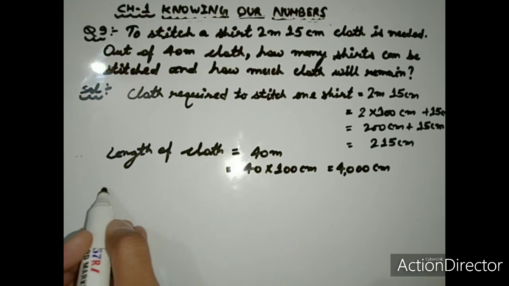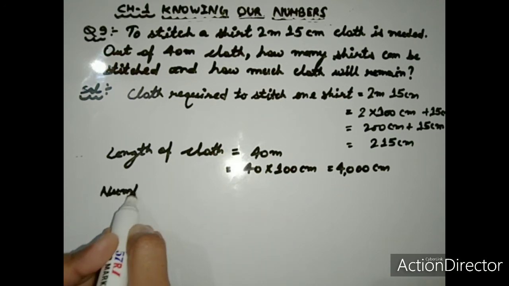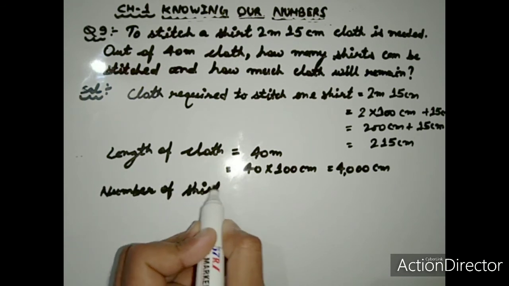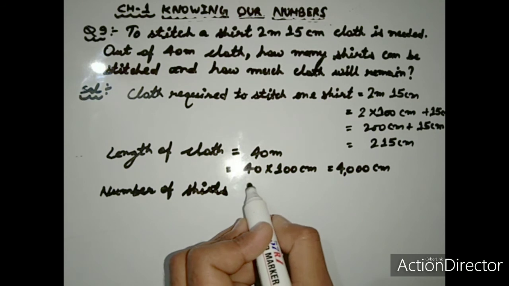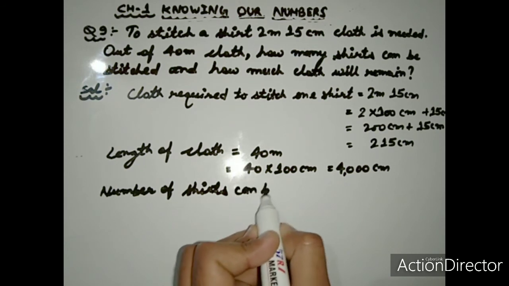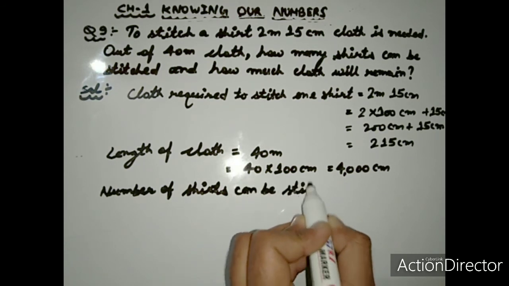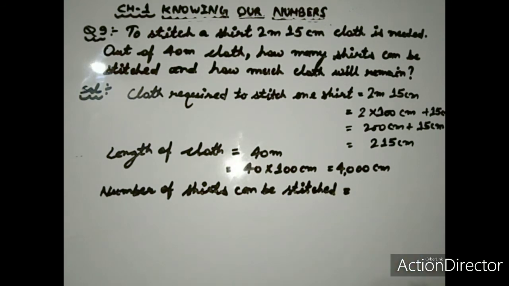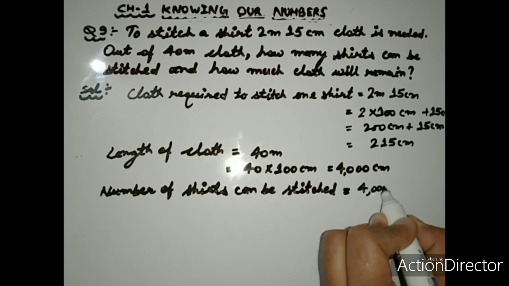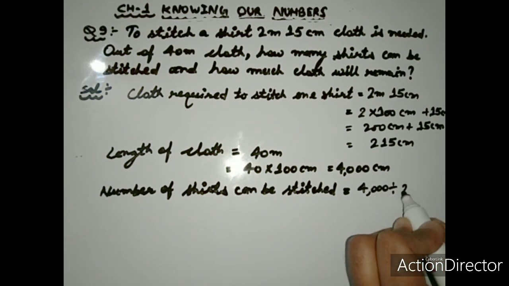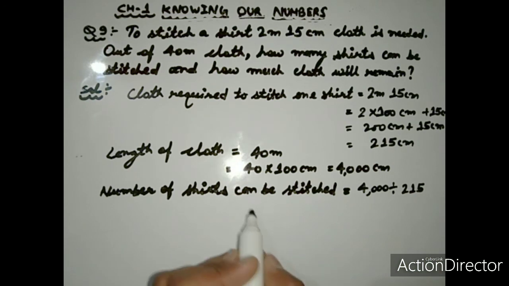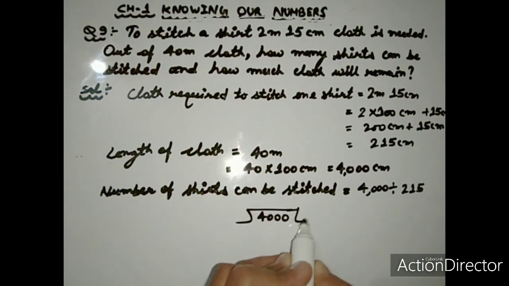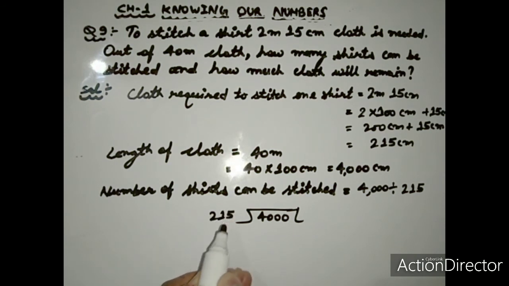Now the number of shirts that can be stitched is equal to 4000 divided by 215. Now here we divide 4000 by 215.